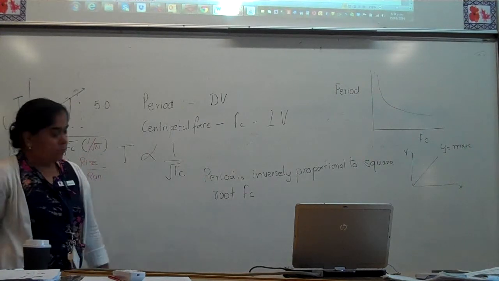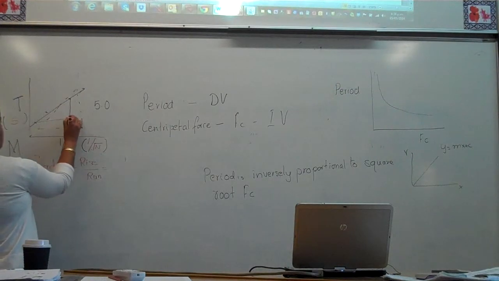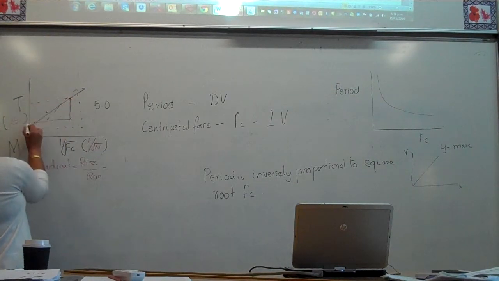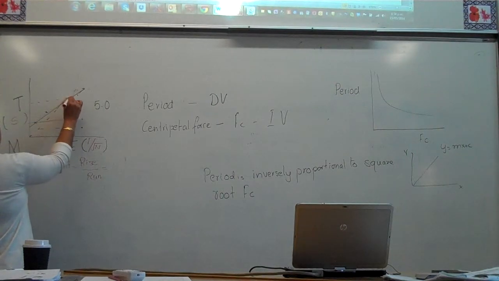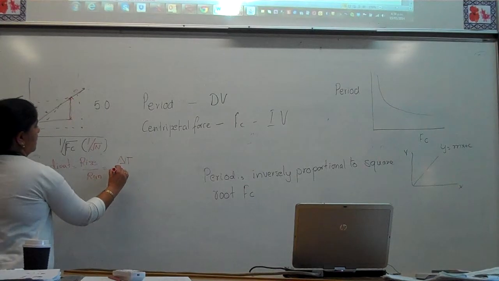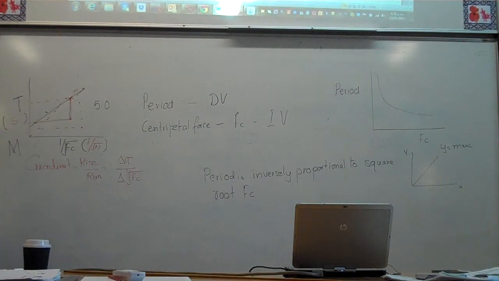The rise is whatever change is happening to the time period, from this point to that point. So change in time period divided by change in 1 over square root of Fc, that's what the run is.